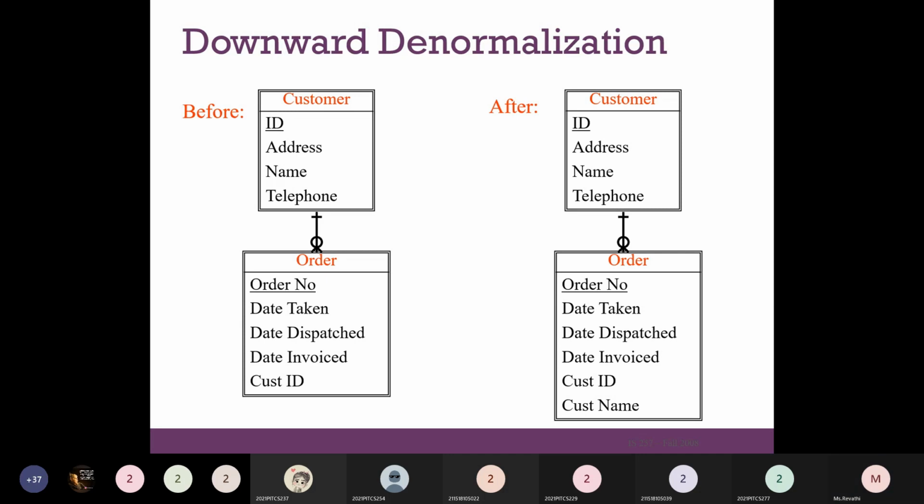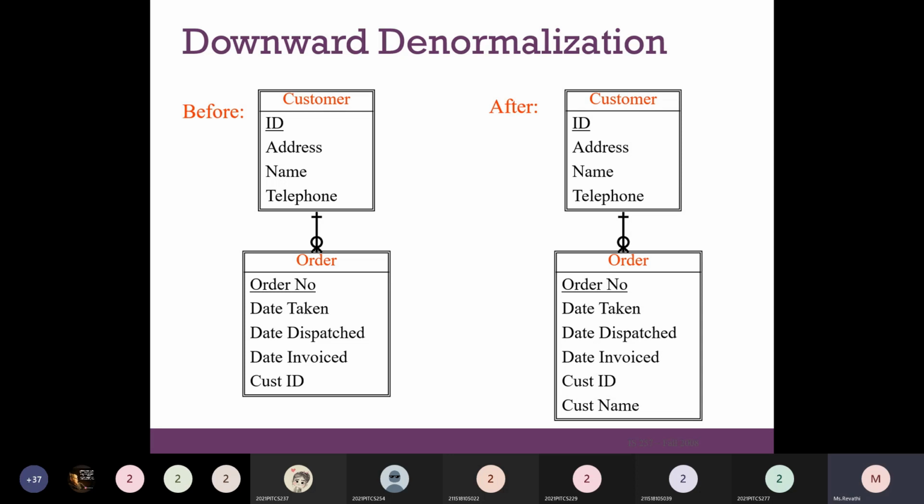So here comes the example for denormalization. Before, we have customer and order relations. The customer relation has attributes ID, address, name, and telephone number. The order has attributes order number, date taken, date dispatched, date invoiced, and the customer ID, which retains the 1:n relationship.